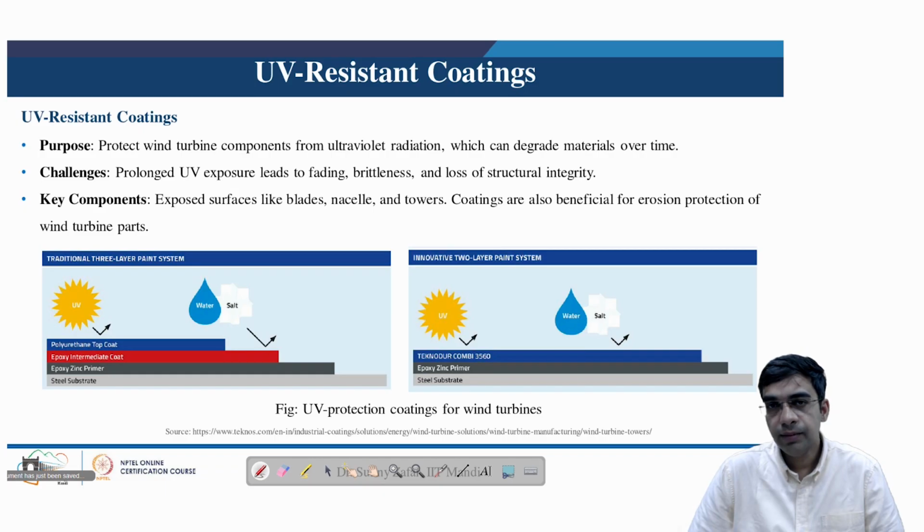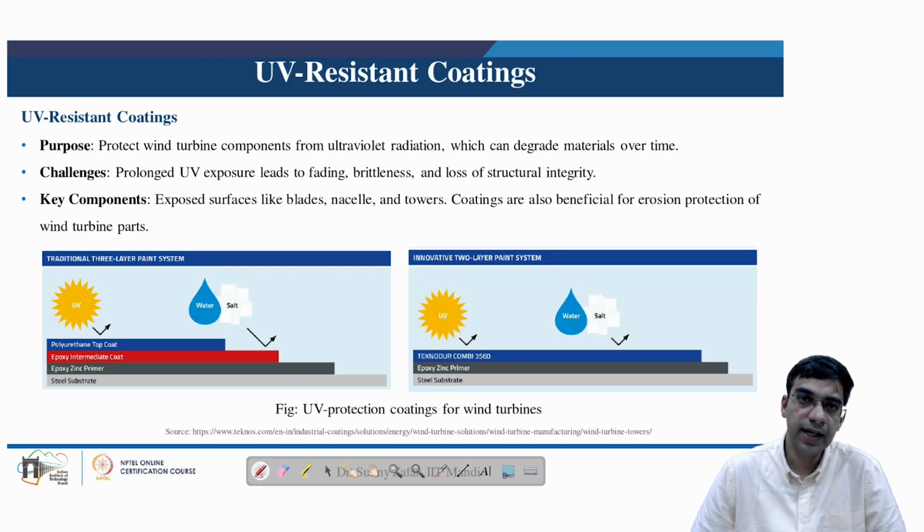As we have seen, the materials used to manufacture wind turbine blades are epoxy based polymer composites in which fiber glass or carbon fiber acts as the reinforcement. These polymer materials are greatly sensitive to ultraviolet radiation from sunlight.